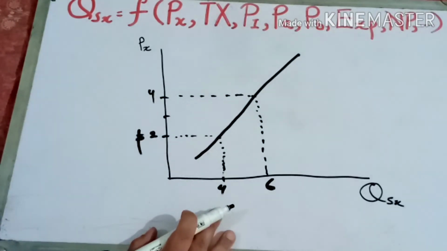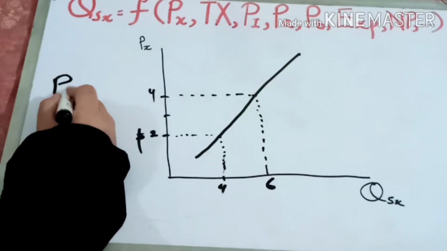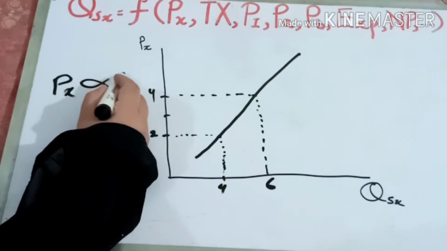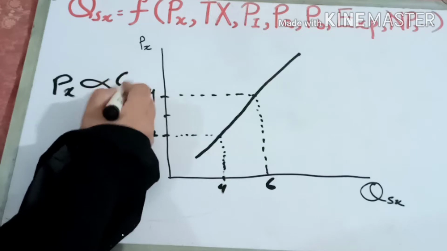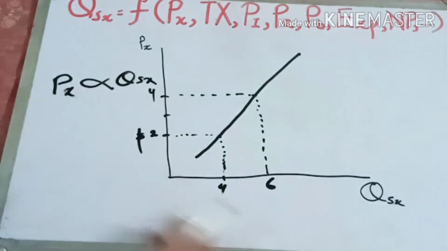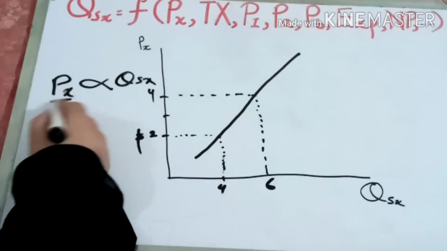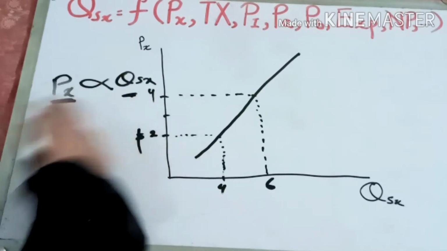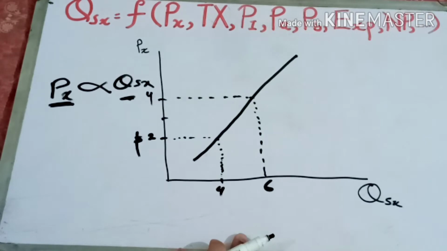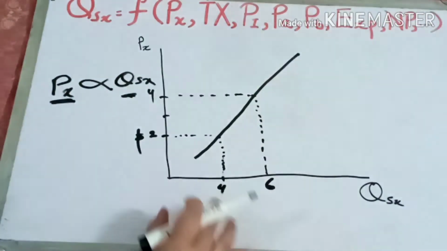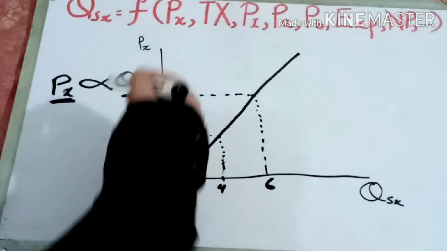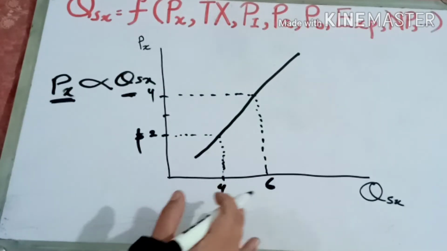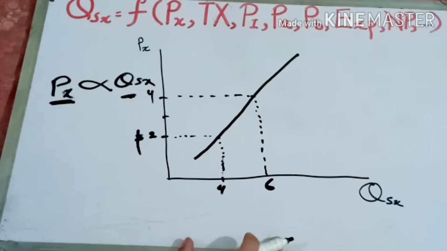It means that the price of X is directly proportional to quantity. Whenever there is a change in the price, it always affects the quantity supplied of the product X by the suppliers. So the more the price increases, the more interested the suppliers are in supplying the product.